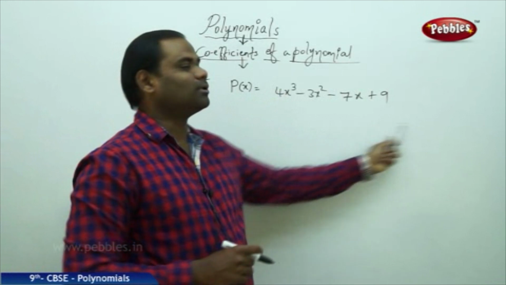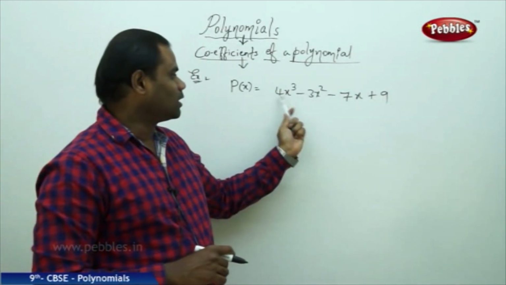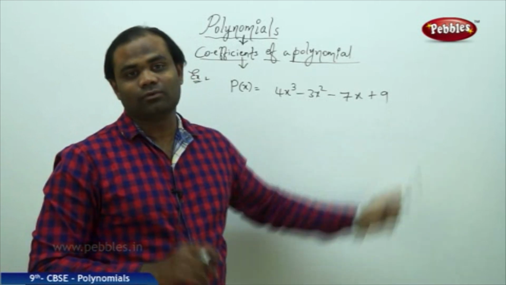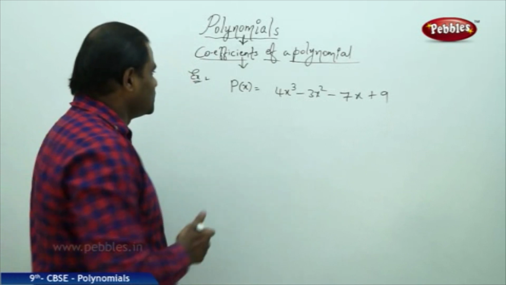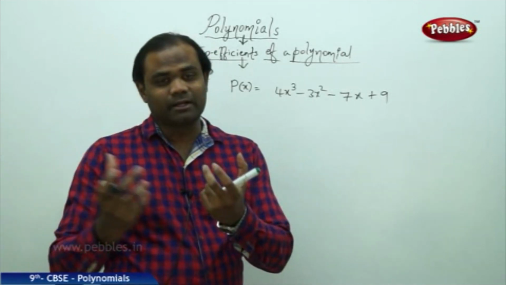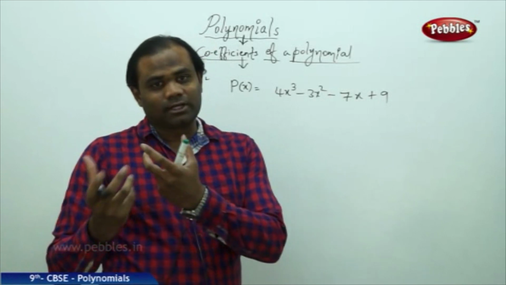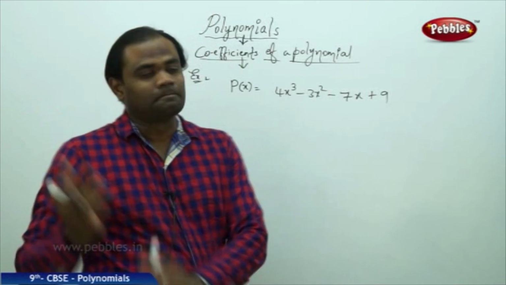So the degree of this polynomial is 3, and it is a polynomial consisting of 1, 2, 3 and 4 terms. Now let's see what are the coefficients. So coefficients for a polynomial are generally the constants which are multiplied or attached to the given variables or to the variables raised to any power.